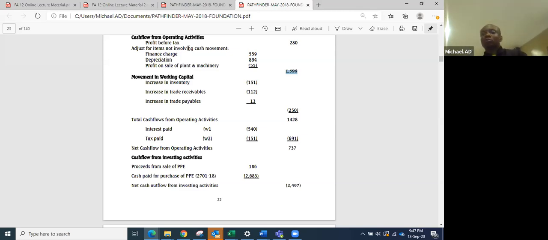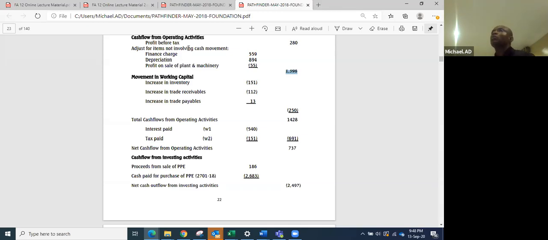Maybe I take that again. It's a keyword and you need to understand it very well. If the previous year's inventory or receivables figure is more than the current year's, the difference between the two, you add it.